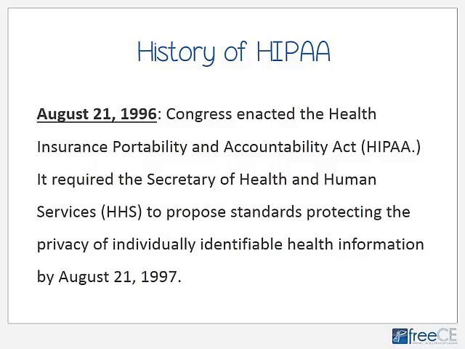It required the Secretary of Health and Human Services, also abbreviated HHS, to propose standards protecting the privacy of individually identifiable health information by August 21st of 1997, which was 1 year later. So covered entities, which we will go over a little later in the presentation, had 1 year to comply with the Health and Human Services standards.